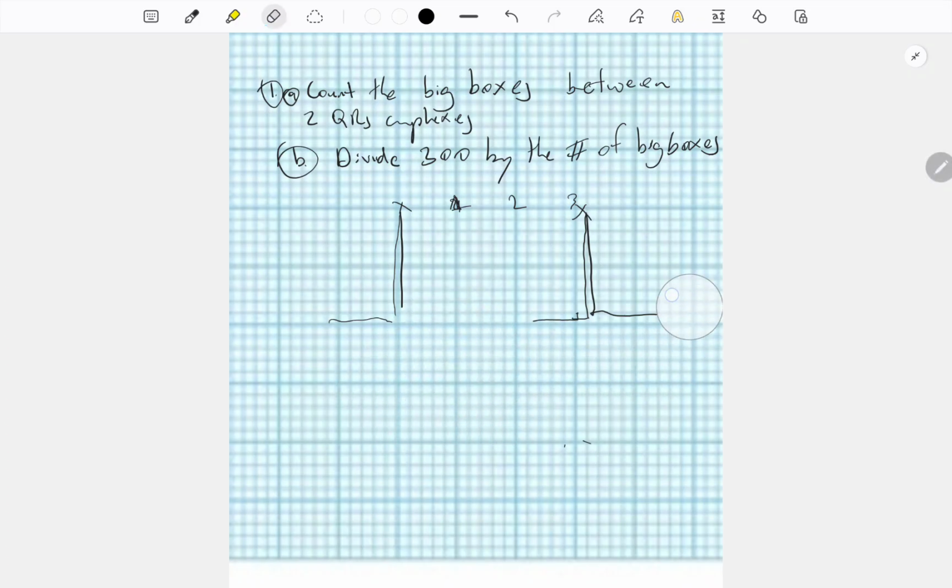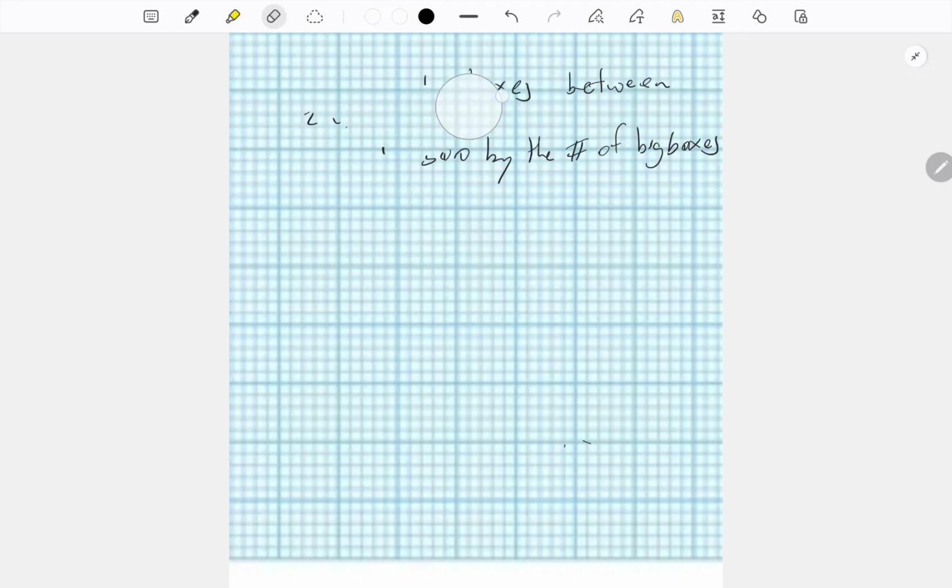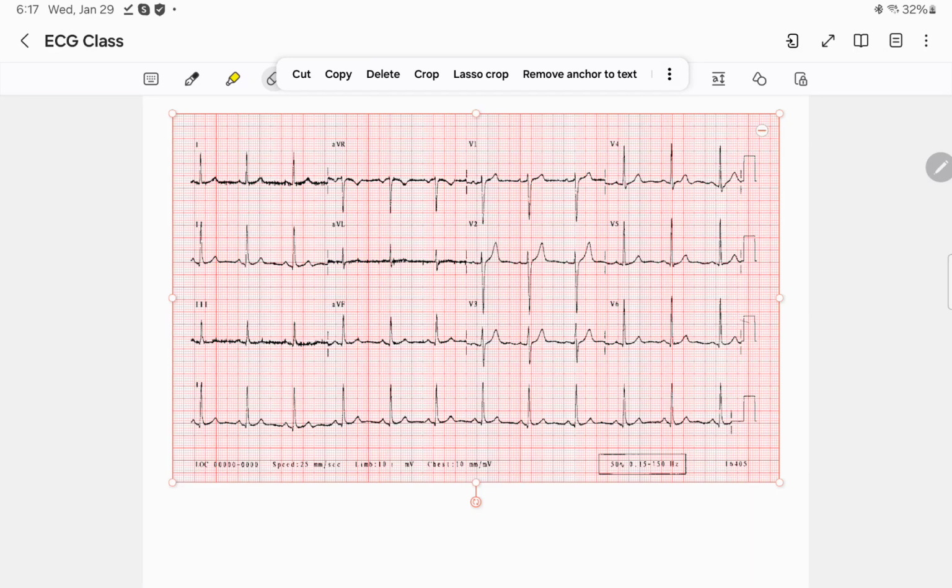Now, the other method, which is also very accurate, is to look at the rhythm strip. So then you might ask, what is the rhythm strip? Okay, so this is a normal ECG essentially. For now, you'll just have to believe me that it's normal, right?